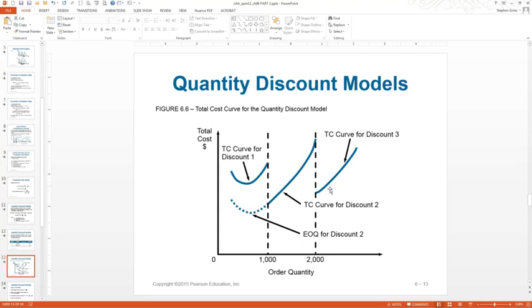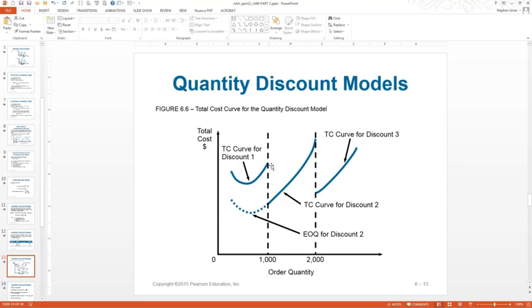And for curve 3, your EOQ is actually over here, but the way this curve is drawn, it would look like it'd be about in here. For both of them, as I remember the numbers, it's actually going to be down in here. So this curve is drawn a little bit off, but you get the idea.